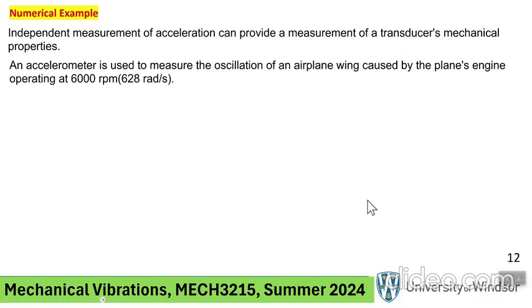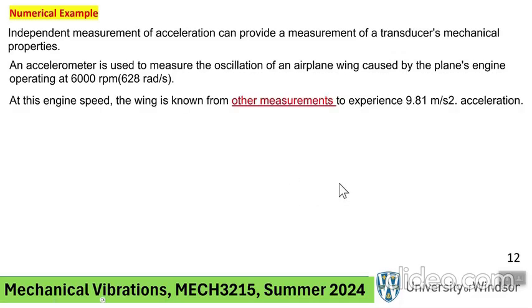Now, suppose that we are using an accelerometer to measure the oscillation of an airplane wing caused by the engine rotation at 6,000 RPM, which incidentally is 628 radians per second. Suppose we are told that somebody else made measurements of the acceleration and they came out with 9.81 meters per second squared.